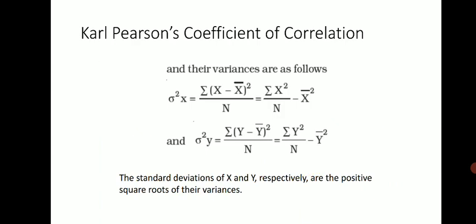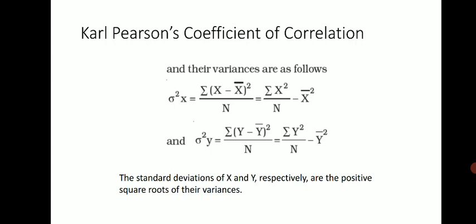Then we have to find the variance, which we have already studied and which is denoted by sigma square. We have to calculate it both for x and y, sigma square x as well as sigma square y. So it is summation of x minus x bar whole square upon n.